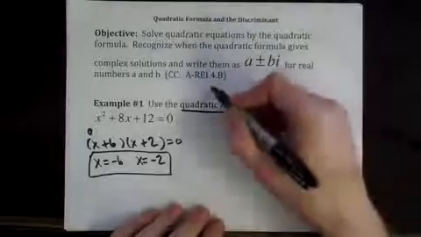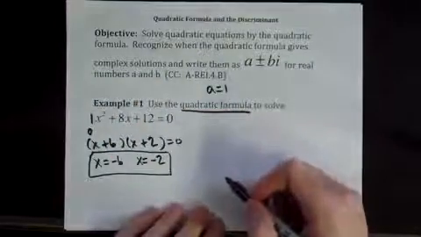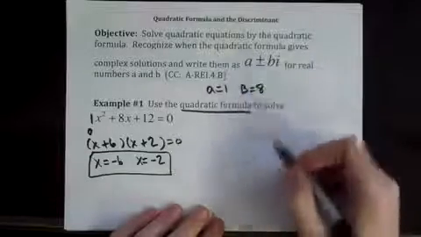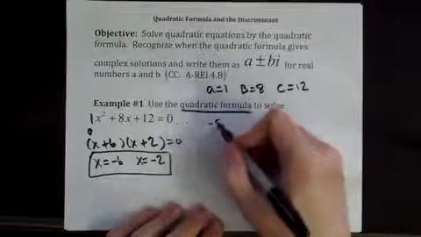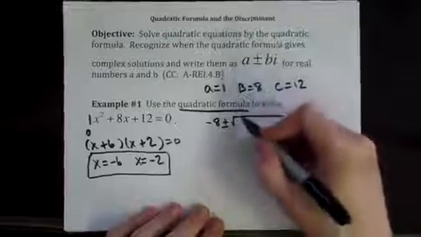Let's use the quadratic formula. A is 1. There's an invisible 1 there. We need to know that. B is 8. C is 12. B squared is 64.